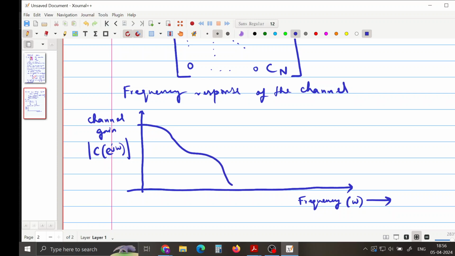Goes down, fluctuates, and then vanishes here, goes to zero, then maybe starts to improve and so on. It's a random fluctuating channel.